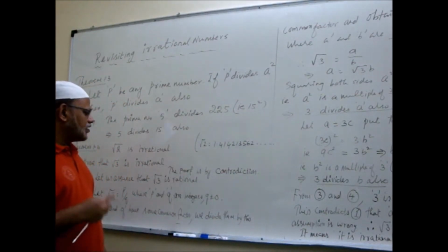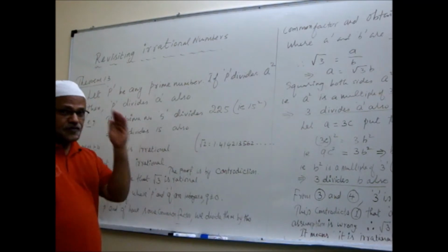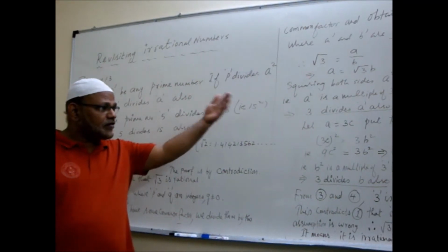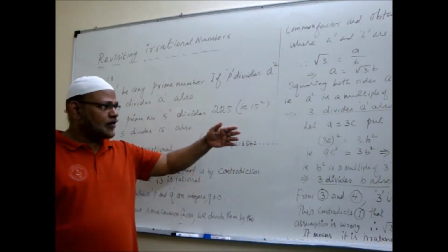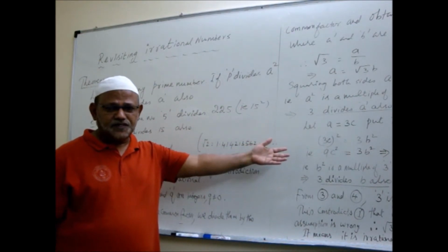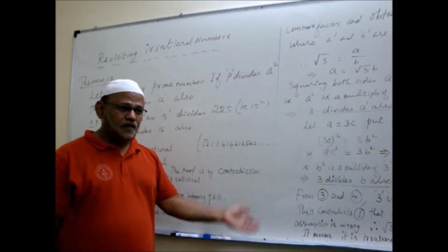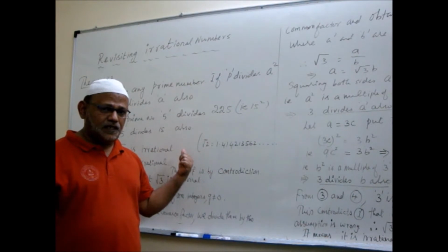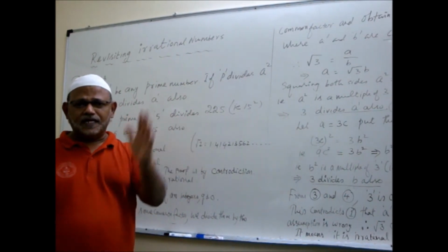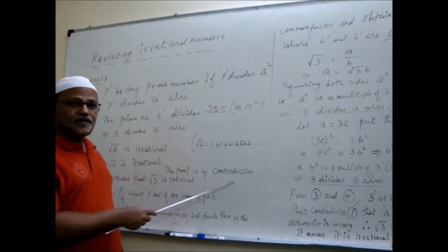Root 3 cannot be rational. Like that you will assume. Because if you assume it, something wrong which violates the mathematical concept is going to happen. Some contradiction is going to happen. Because of that, you cannot assume root 3 is rational. Therefore, root 3 must be irrational. Like that we conclude. This proof is called proof by contradiction.